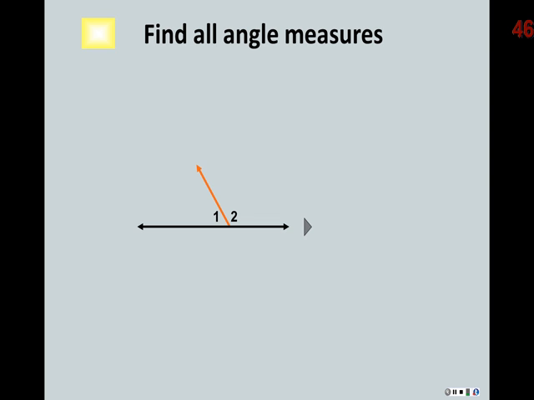Okay? Now, if I take away 1 and tell you what it is, and I say that angle 1 is 75 degrees, what is angle 2? How much? And how did you get 105? 180 minus 75 gives me 105 degrees.